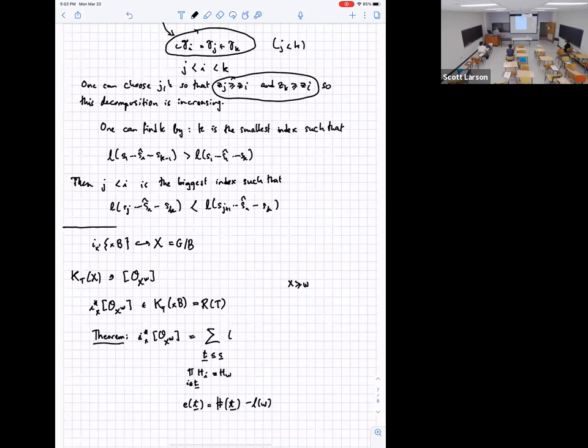And then what I have to take is minus 1 to the e of t times the product over the elements i in t of 1 minus e to the, I can't remember whether it's plus or minus. It probably depends on whether you're using positive or negative roots. I think it's actually minus here, but it might be a plus. But the point is that there are zero Hecke algebras entering into this pullback formula.